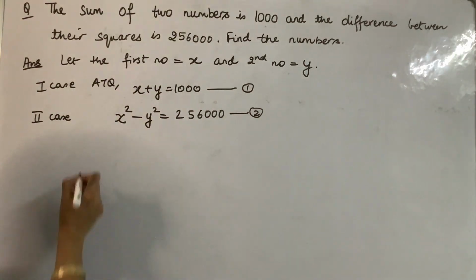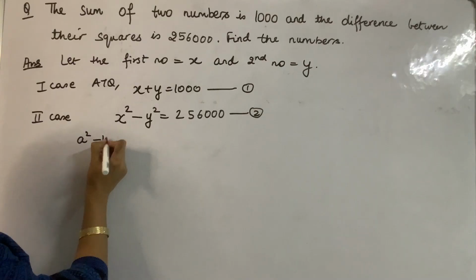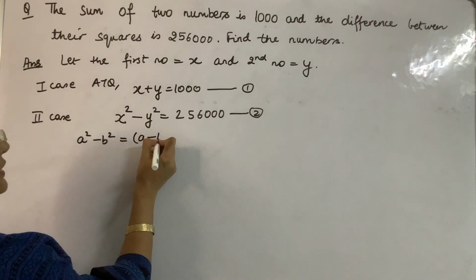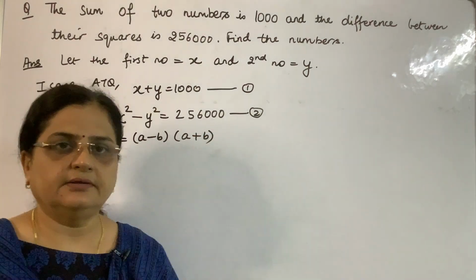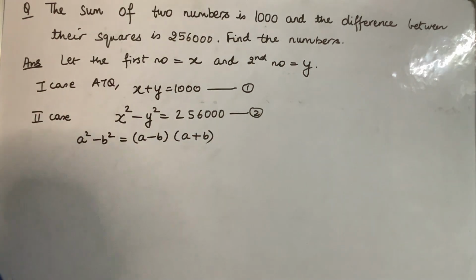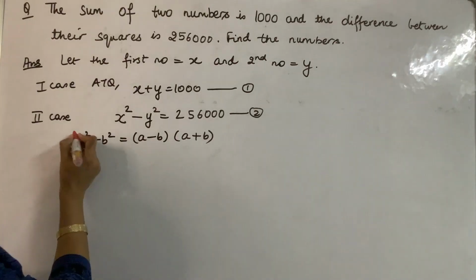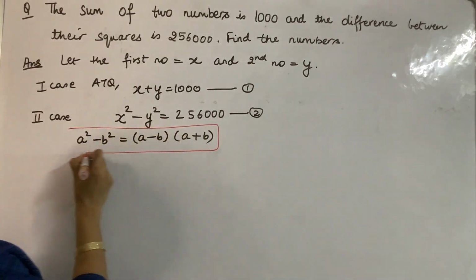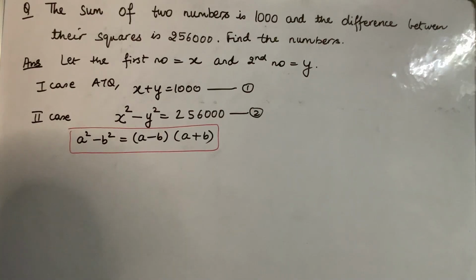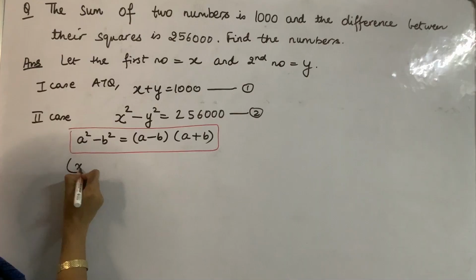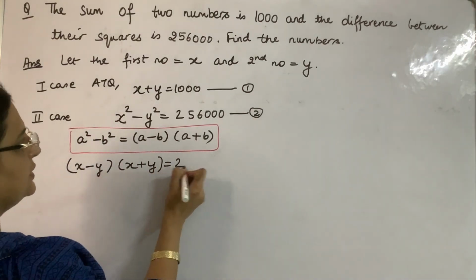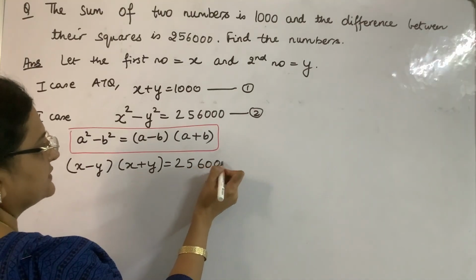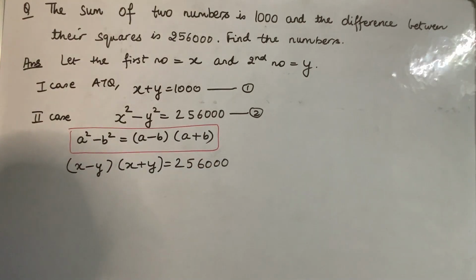I hope all of you remember the identity a square minus b square is equal to a minus b into a plus b. We have done this identity many times, and it will be required over here. If we use this and split x square minus y square, we get x minus y into x plus y is equal to 256000.